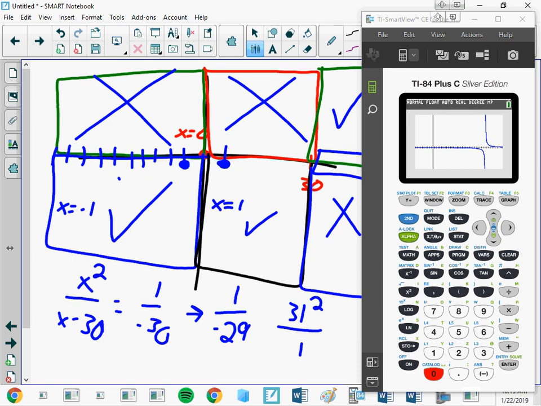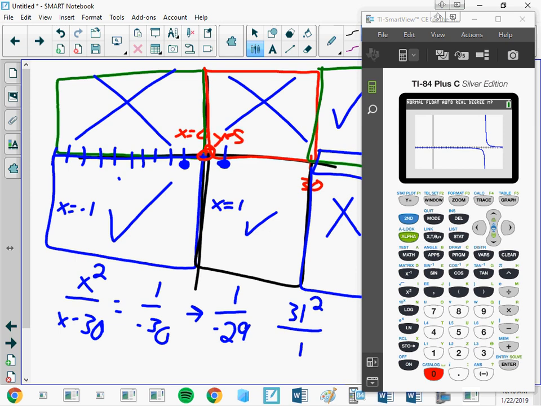Okay. So now the original equation says, when is x squared over x minus 30 less than or equal to 0? What's the interval? -infinity to the 0 count? Yes. So because it's equal to, this is a yes.